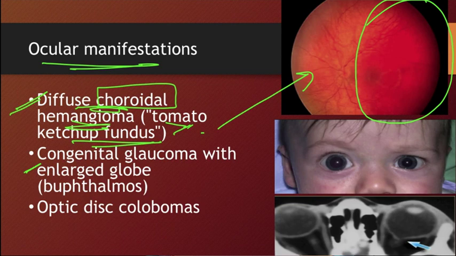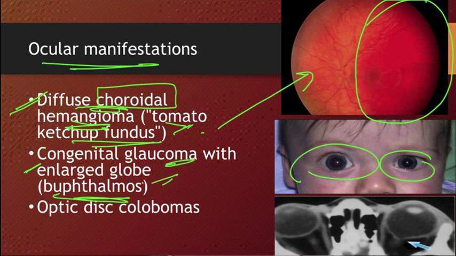There will be congenital glaucoma with an enlarged globe which is called buphthalmos. As you can see here, compared to this eye, this one is quite enlarged because of congenital glaucoma. And there can be optic disc colobomas. So what are colobomas? They are nothing but congenital defects where there is abnormal fusion of the fissures, and it appears like this on imaging.